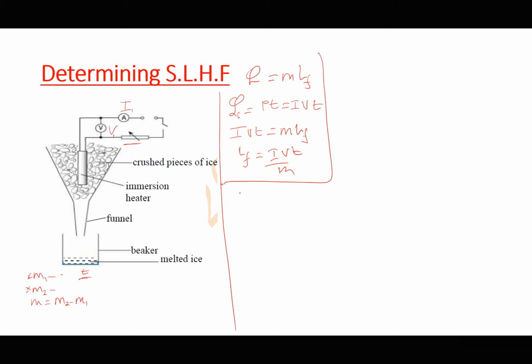For the first case, I1 V1 for a given time t is equal to the mass being melted times latent heat of fusion, plus or minus energy exchange with the surrounding. I say plus or minus because you are not sure. Ice is at a temperature less than room temperature, therefore there's a possibility of ice absorbing energy from the surrounding. So I am saying plus or minus.